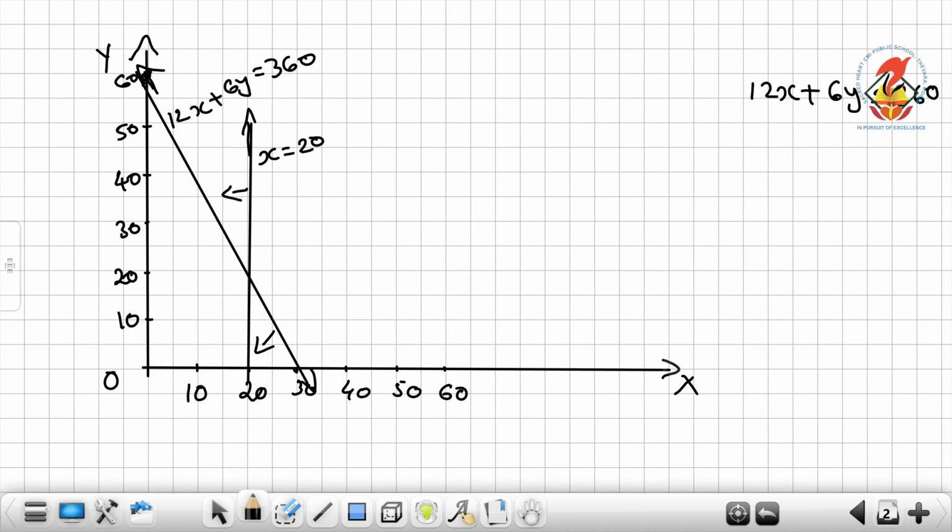Now we have one more line. The equation is 6x plus 9y is less than or equal to 360.